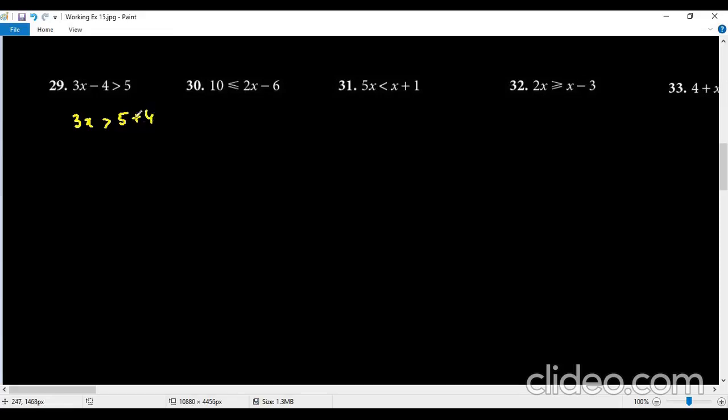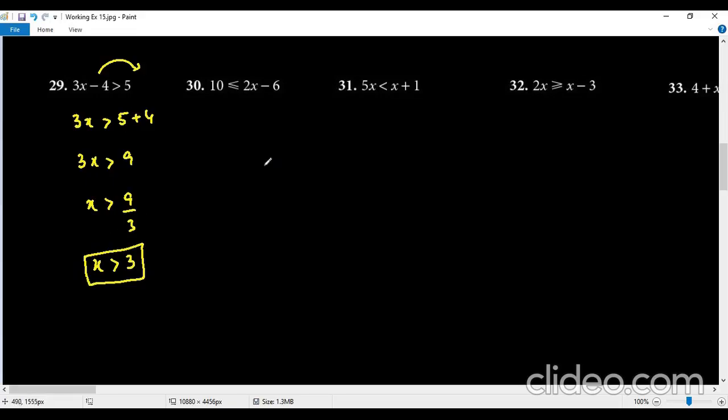Minus 4 will go on the other side and becomes a plus 4. That means 3x is greater than 9, and that means x should be greater than 9 over 3, which is 3. That means any value you put, it's going to be greater than 3 to make this inequality a true inequality.